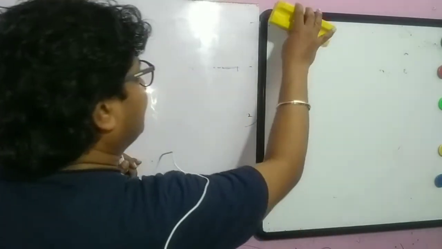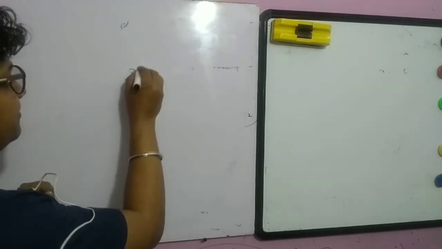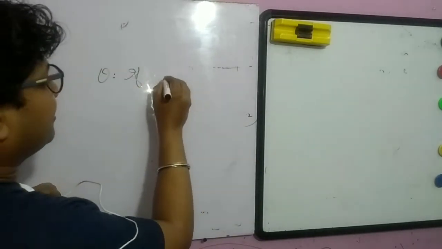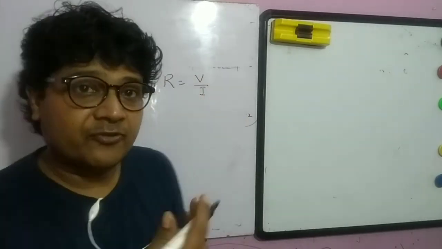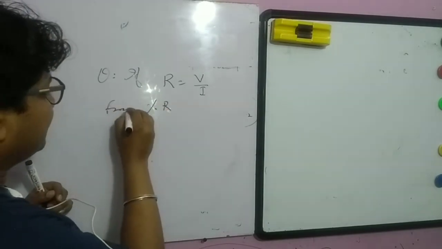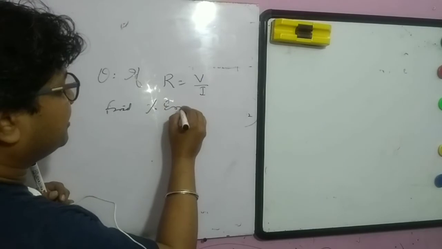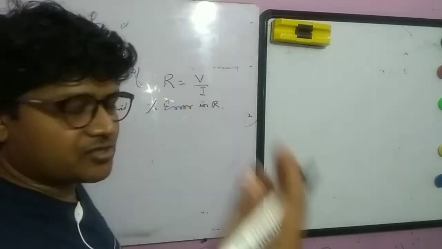Now most important thing: if you are given R is equal to V by I, find the percentage error in R. This is very simple.